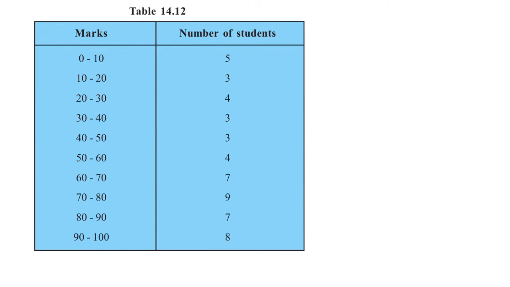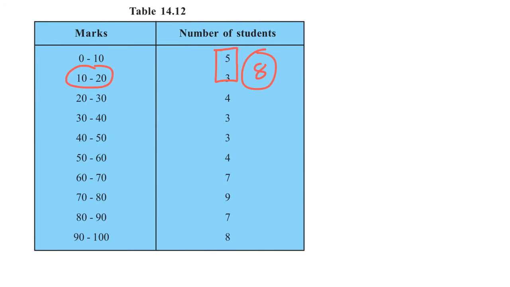So we can just make a note here. Students who have scored less than 20 marks will be 5 plus 3, and that is 8. So the cumulative frequency of the class 10 to 20 is 8. Similarly, how many students have scored marks less than 30?